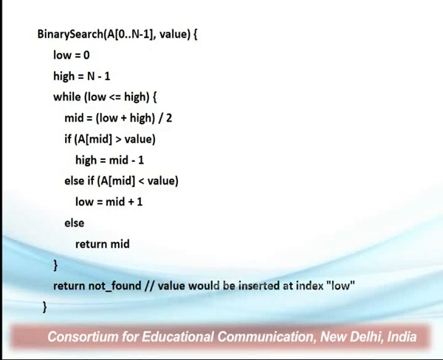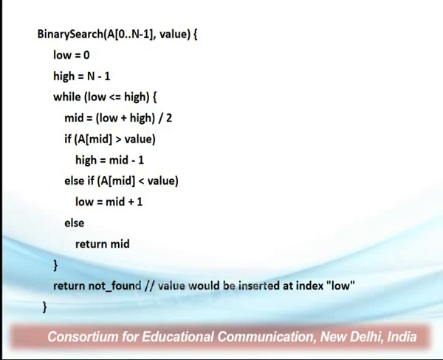Else, if this is not the case, the case is that a of mid is less than the value, where a is the array, that means the mid element is less than the value we are looking for. We will say low is equal to mid plus 1. Low equal to mid plus 1 gives us the right half of the array, starting from mid plus 1 to the last index, n minus 1, which is high.